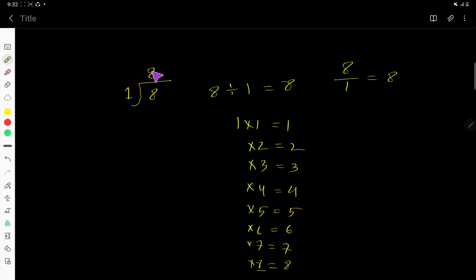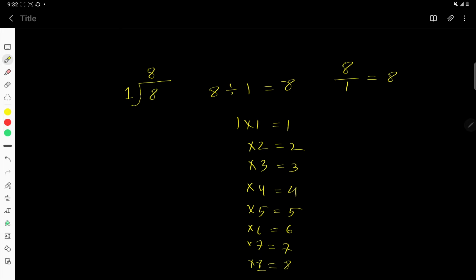Then multiply this 8 and 1. So 8 times 1 is 8. If you subtract, you get 0. So the rule is, when the divisor is 1, the quotient is the same as the dividend.